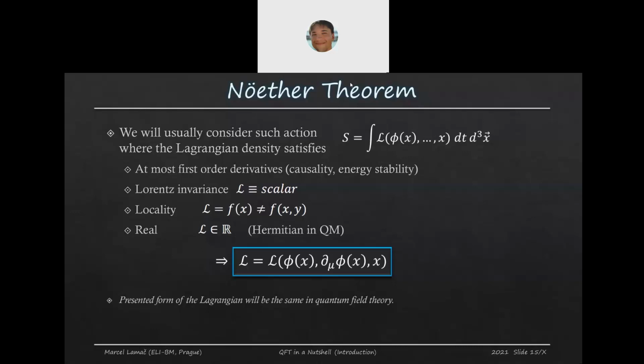We also want that our Lagrangian densities are local. What does it mean? It simply means that they're a function of one position. They can be a function of two, because, for example, think about electric intensity.